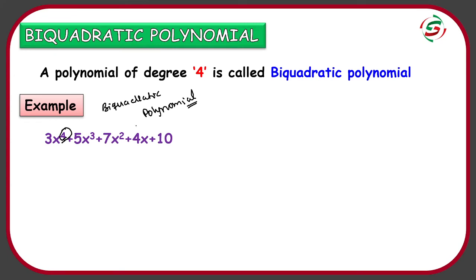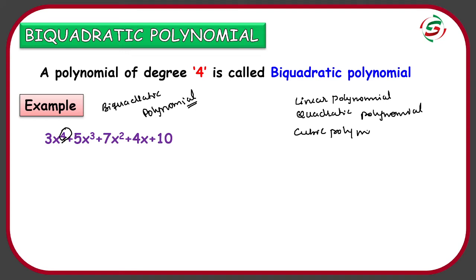Clear? So now we have gone through linear polynomial, next quadratic polynomial, next cubic polynomial, and next biquadratic polynomial.